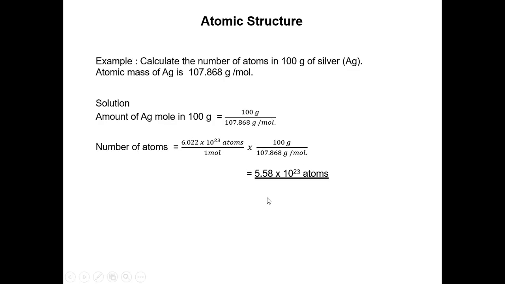So you will get 5.58 times 10 to the power 23 atoms as the number of atoms in 100 grams of silver. So this example is for you to understand the atomic number, atomic mass, mole, and Avogadro number.